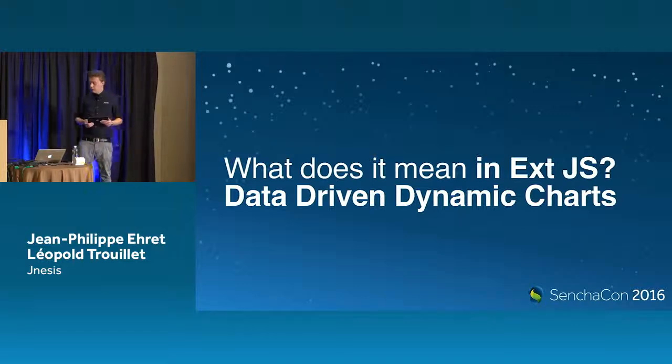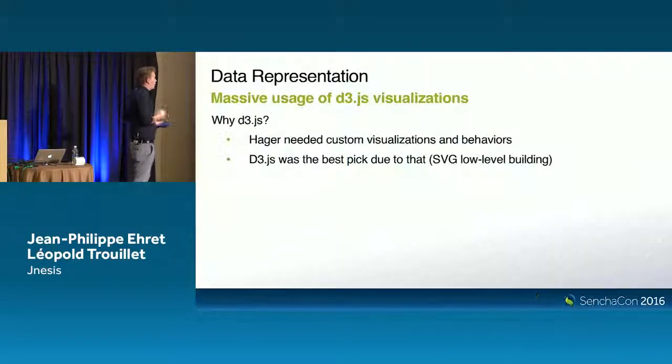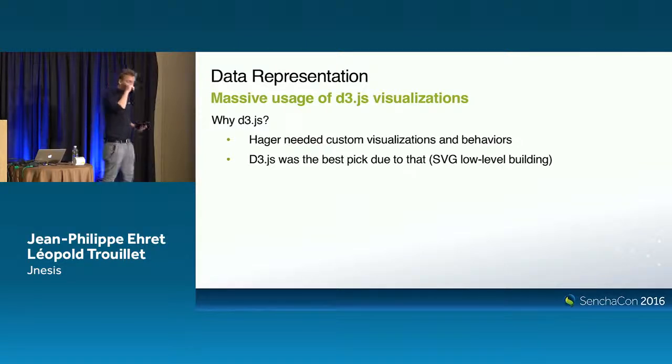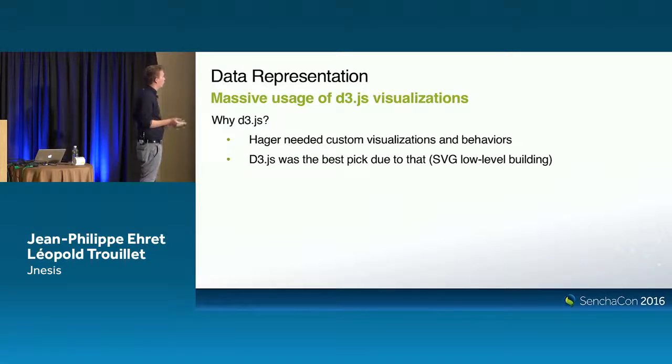So the other part is data-driven dynamic charts. As I said previously, we used D3.js for that. At first, we started with Ext JS standard, but Hager wanted some tailor-made charts. They wanted some low-level SVG customization, and so we chose D3.js. So it was the best pick.